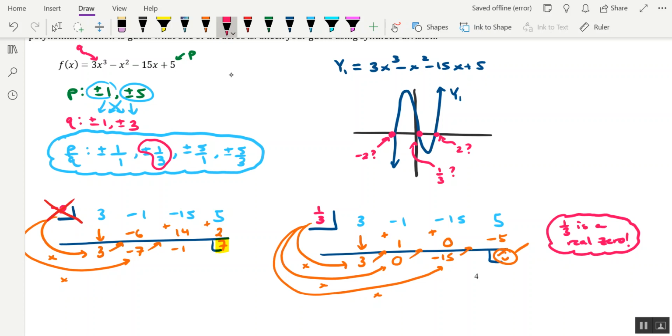And so 1/3 happens to fall between 0 and 1, so it would make sense to check that number, and lo and behold, positive 1/3 gave us a remainder of 0.